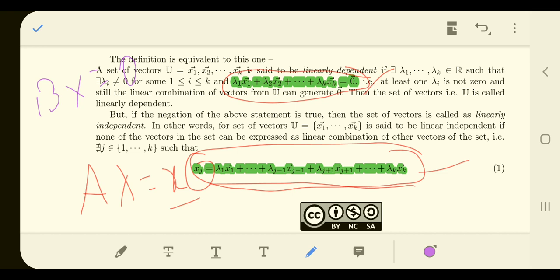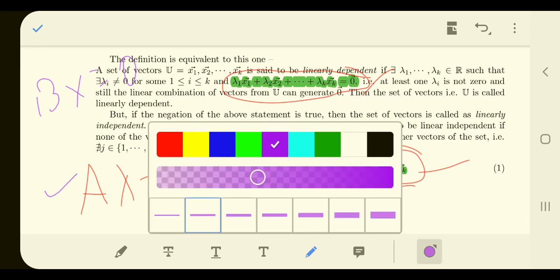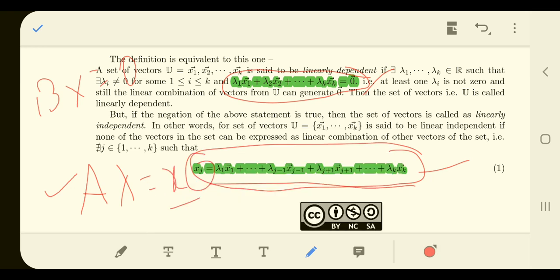Now if you see, we get to know this fact that if we are able to solve this particular thing, or that particular thing, then essentially we are talking about the same thing, right? So these two things we can use to find out whether the vectors are linearly dependent or not.